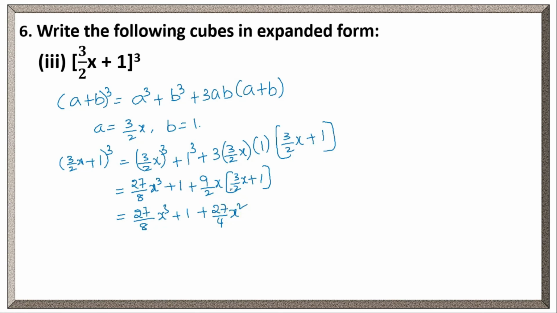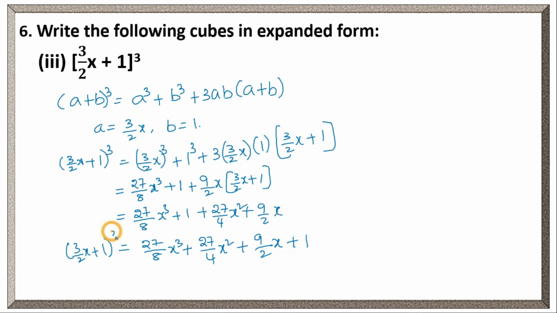Again 9 by 2x into 1 means 9 by 2x only. So if we write in standard form, 27 by 8 x cube plus next x square term, 27 by 4 x square, next x term, 9 by 2 x plus 1 is the expansion of (3/2 x + 1) whole cube.